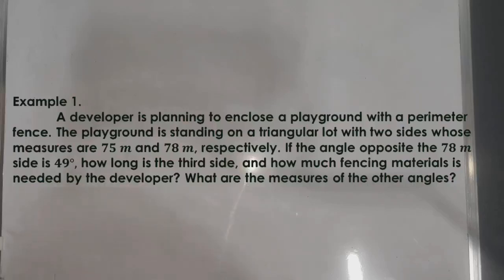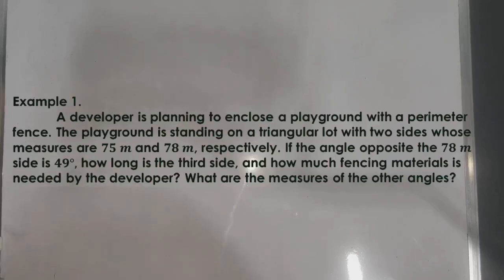So, ibig sabihin, dalawa lang yung given na side. So, automatic, hahanapin natin ano ba ang measurement nung natitirang isang side. If the angle opposite the 78 meter side is 49 degrees, how long is the third side? So, third side ang hahanapin natin.